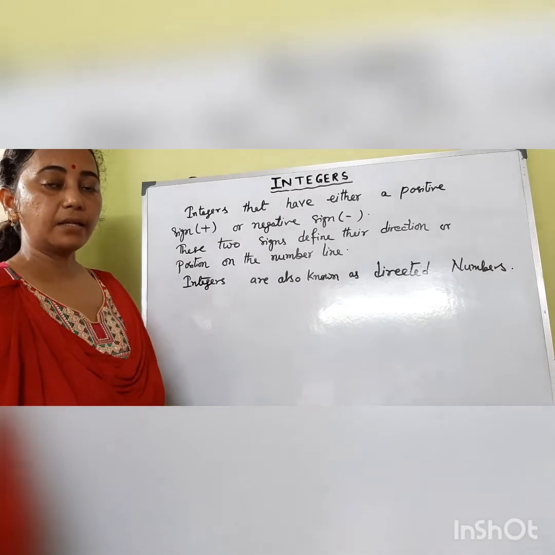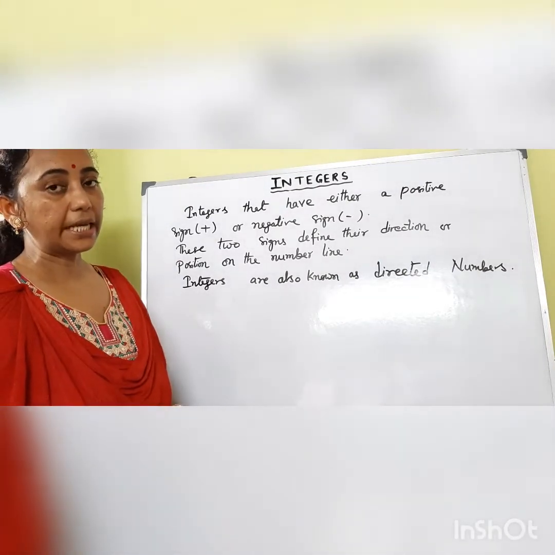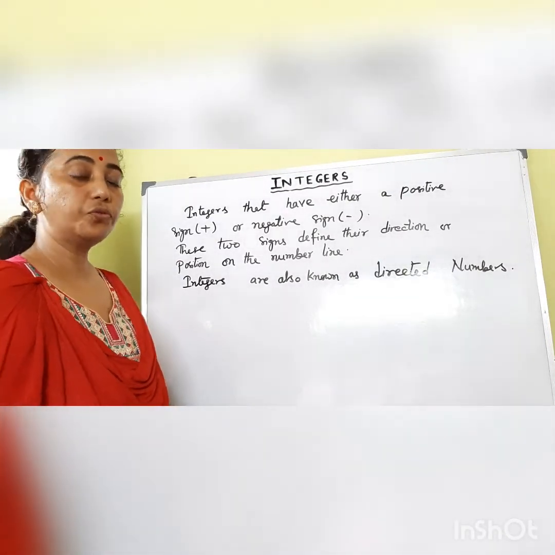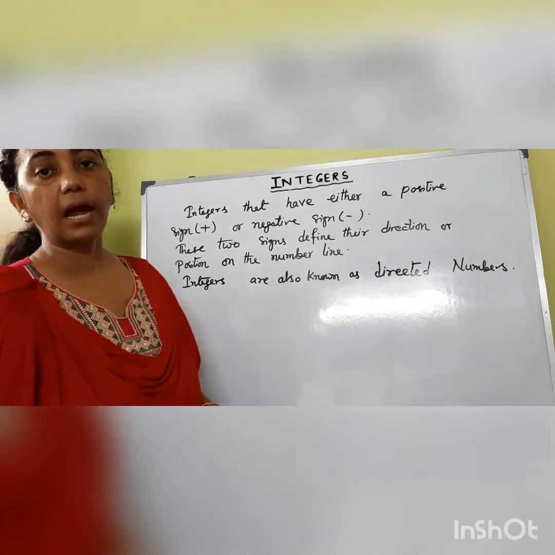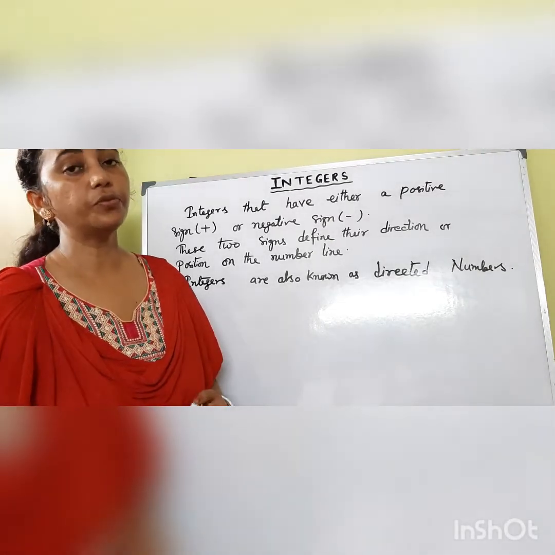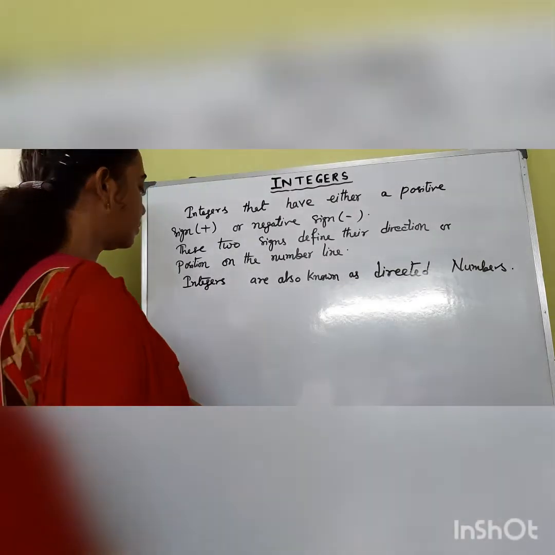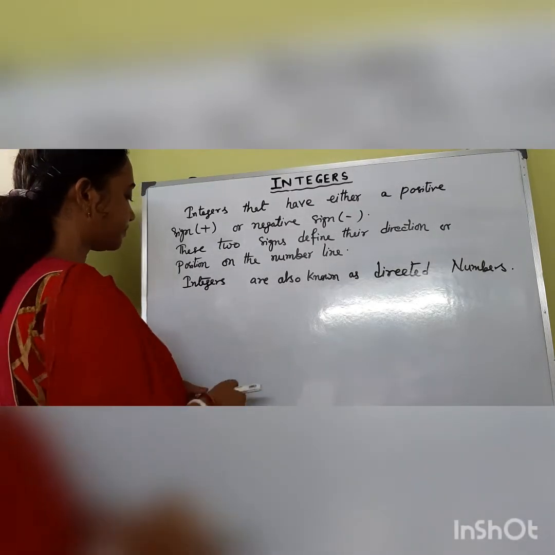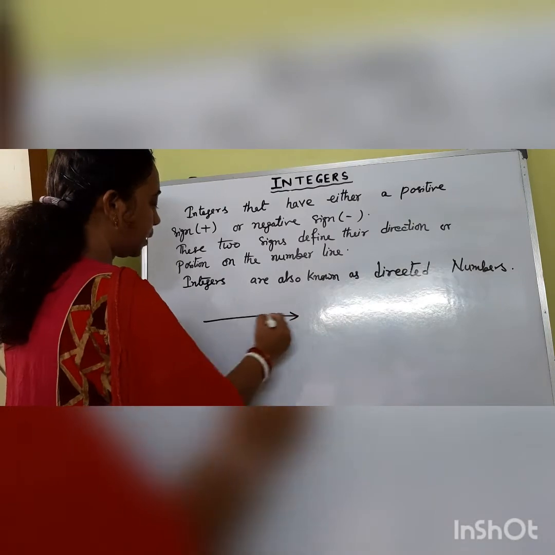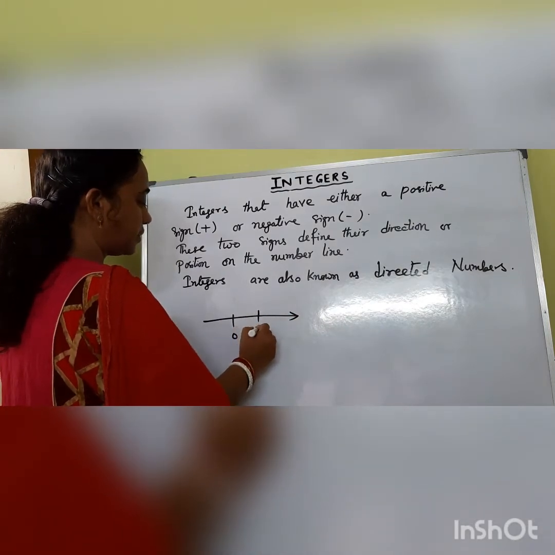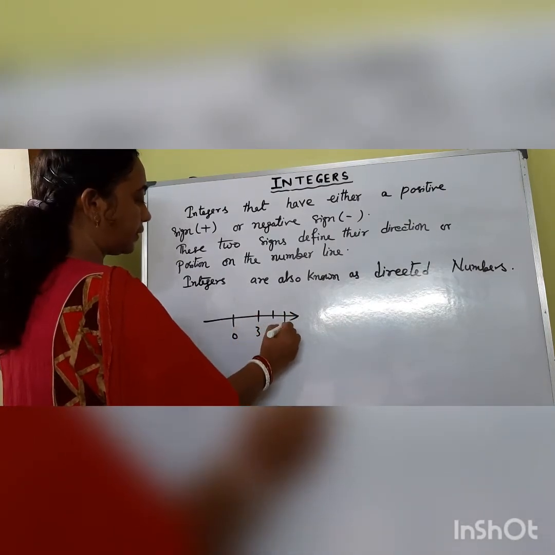On a number line, the value of an integer increases as we move right on the number line and decreases as we move left. You can see one example here. For example, if I write 3, then 4, then 5.